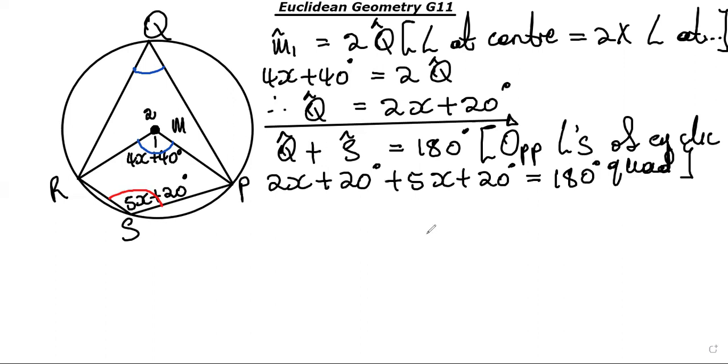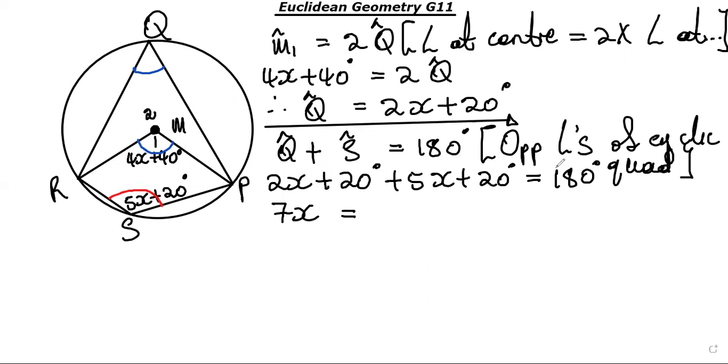So now we collect our like terms. We say 2x plus 5x, we get 7x. And 20 degrees plus 20 degrees, it's 40. And we take this 40 degrees to the right-hand side, so it becomes negative.